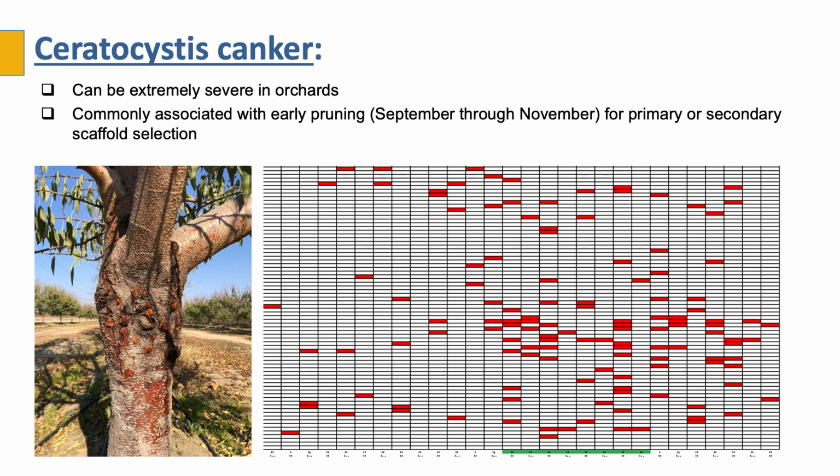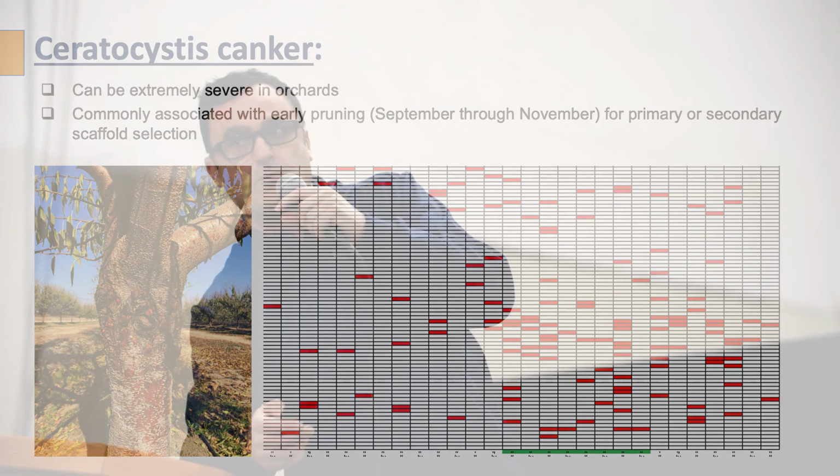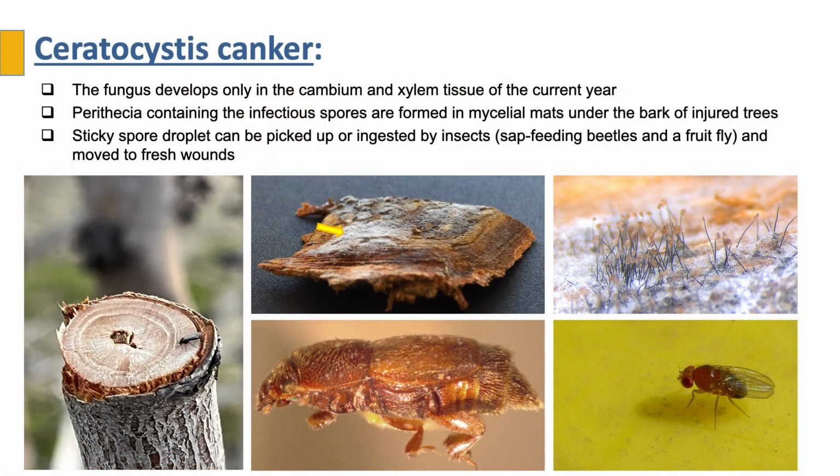We found it a lot at pruning cuts, and usually this pruning was done early in the season, like September to November. That's when we had very severe cases of Ceratocystis at pruning cuts. So the disease is very unique compared to all the other fungal diseases. It doesn't move with water or rain splashes, but it moves with insects.